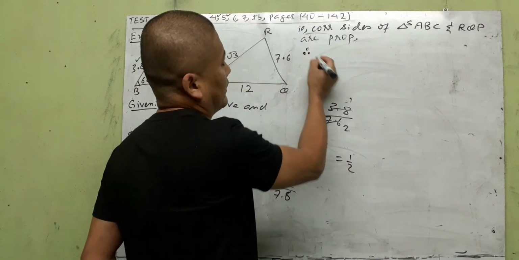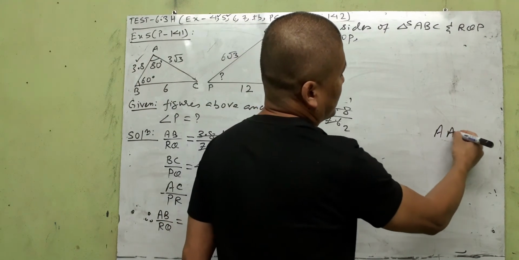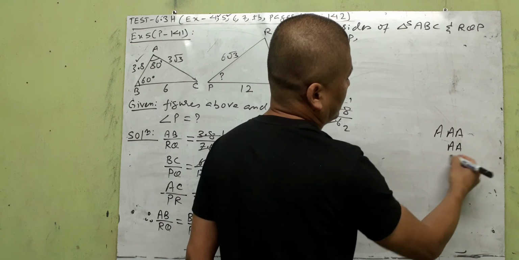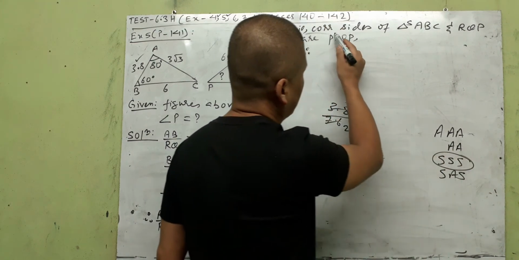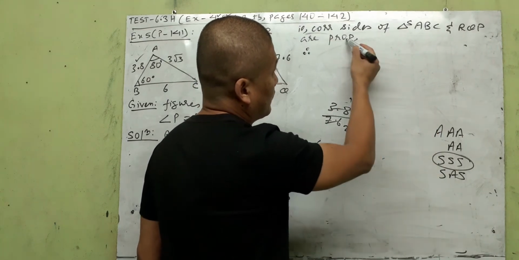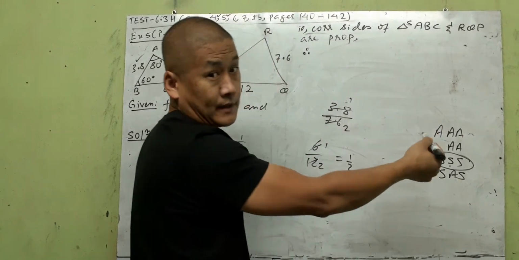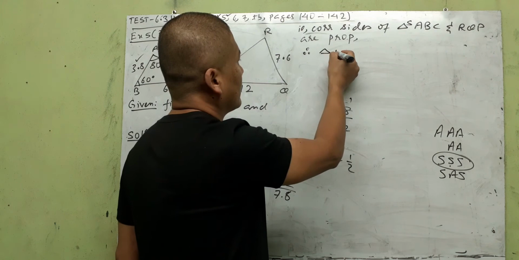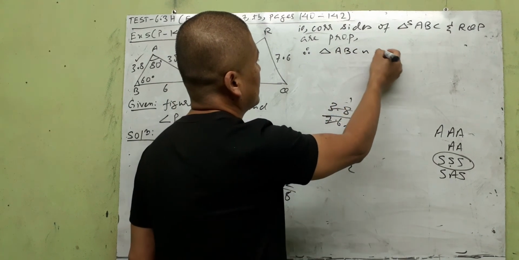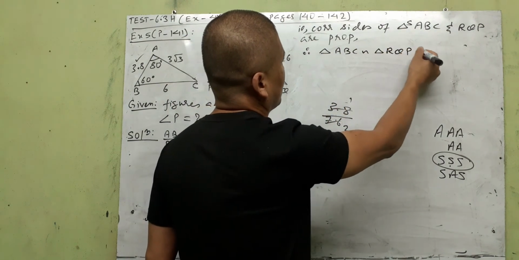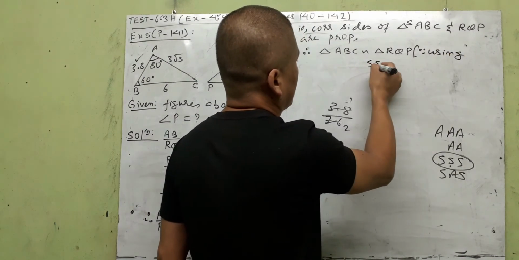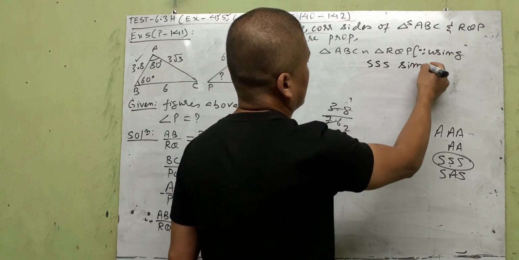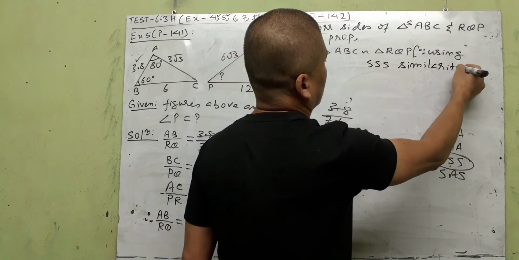We learn in the conditions for similarity AAA, AA, SSS, and SAS. This one says that if the three sides are proportional, they will be similar by SSS. So triangle ABC is similar to triangle RQP by using the SSS similarity condition.